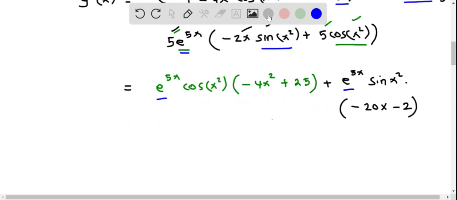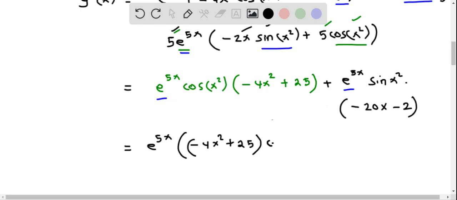So when I do that, I get e power 5x times this one, the first expression, you can write down this as negative 4x squared plus 25 times cosine x squared. And then here I can factor the negative. So this one is a negative of 20x plus 2 times the sine x squared.